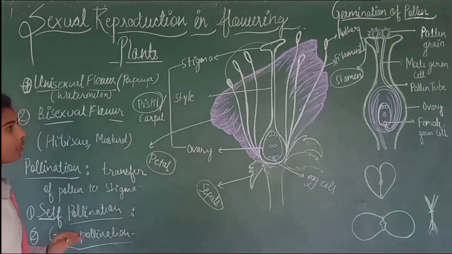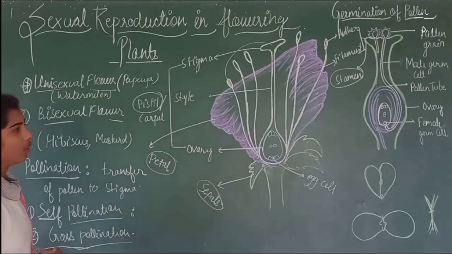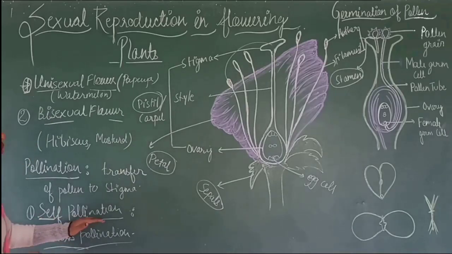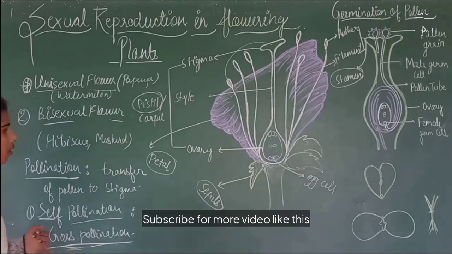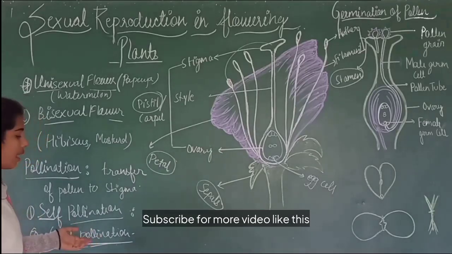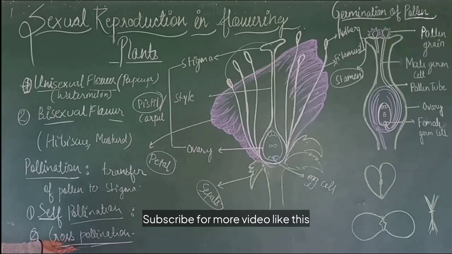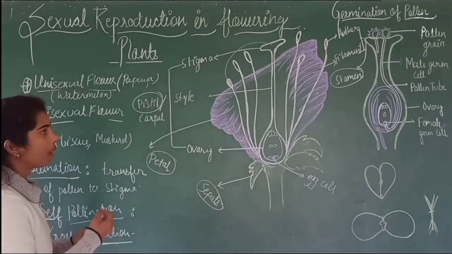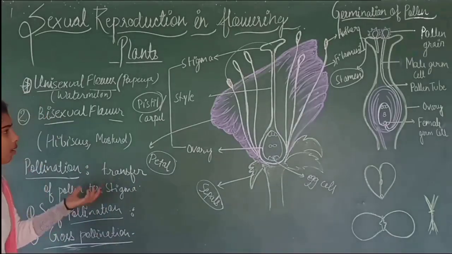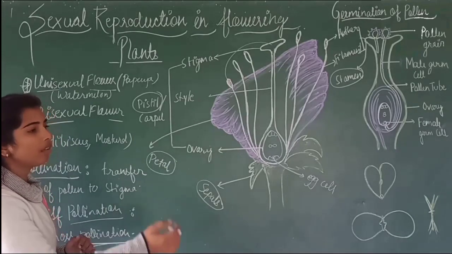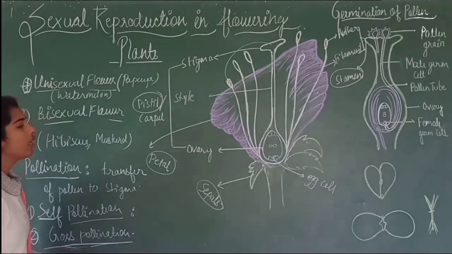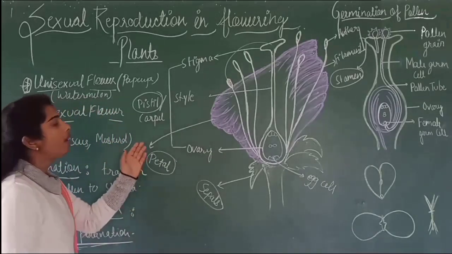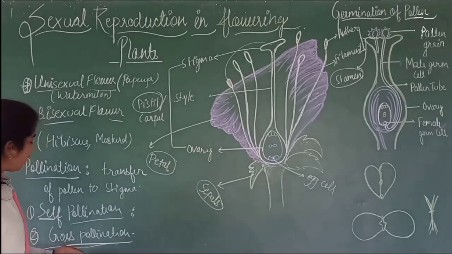And when the pollen is transferred from one flower to another flower, that pollination is known as cross-pollination. When pollination is done by pollinating agents like wind, water, and insects, pollen grains are transferred from one flower to another. Pollen is transferred by the wind to other flowers, by water in some species, and by insects in some flowers. The colored parts attract the insects and pollen is transferred to another flower, then that pollination is cross-pollination.